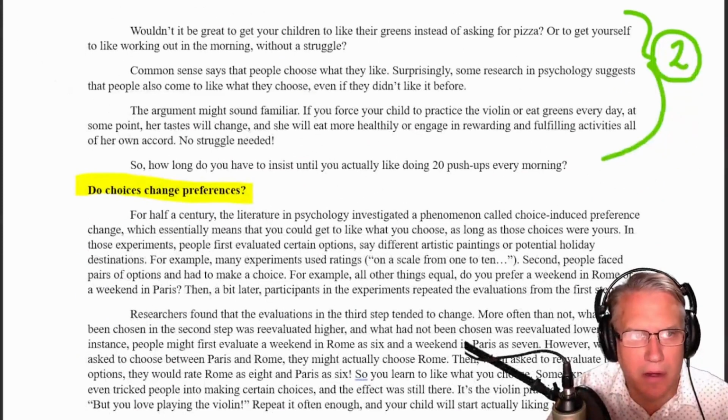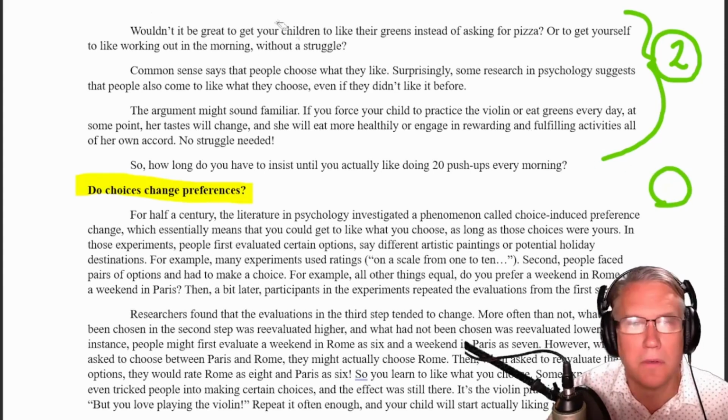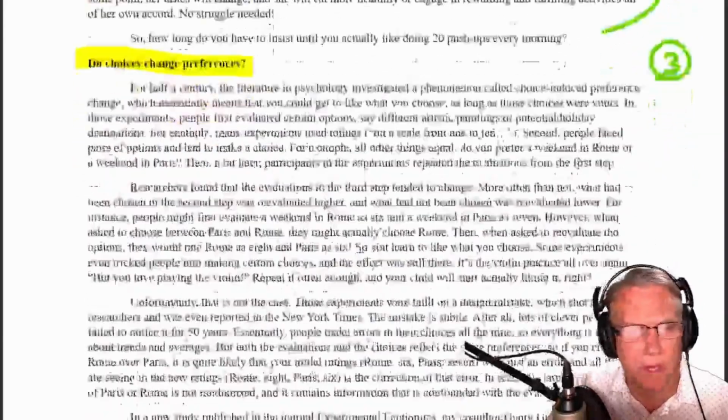Then number 4 would be the headings. No, I'm sorry, number 3, we look at the headings.